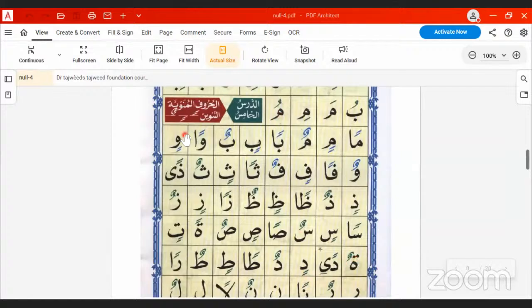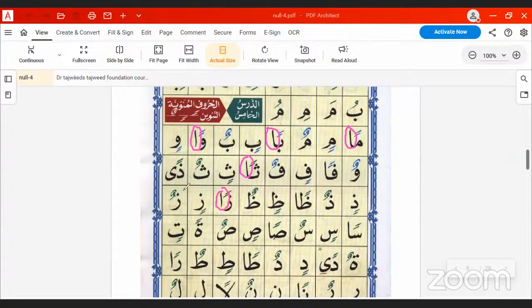Wan, win, wun. Fan, fin, fun. San, sin, sun. Zan, zin, zun. Zan, zin, zun. Now you might be confused. Why is this alif over here? This is called the Rasmul Mushaf, the way it is written.